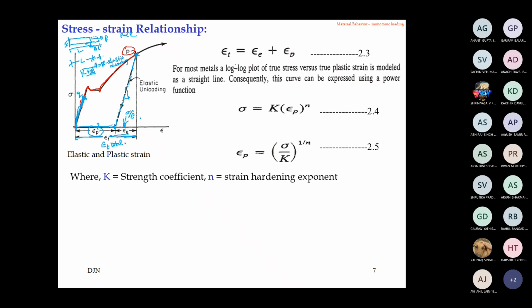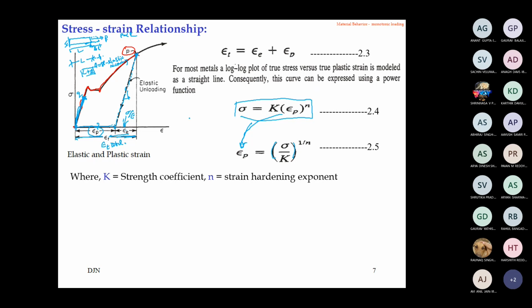This is one of the important equations. Rearranging it for epsilon, we find epsilon is sigma by k to the power 1 by n, where k is known as the strength coefficient and n is the strain hardening exponent.